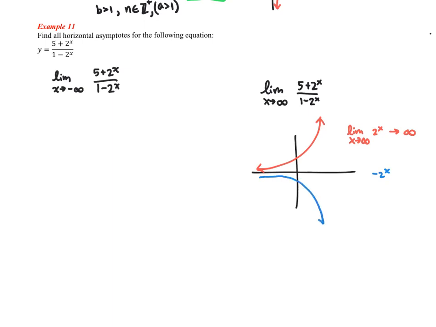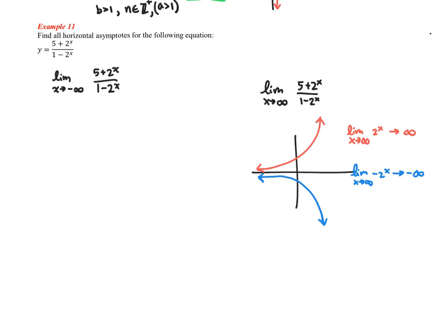The graph of negative 2 to the x looks like such. So the limit as x approaches infinity of negative 2 to the x also goes to a very large number with negative magnitude. So the ratio of 2 to the x over negative 2 to the x would be negative 1. They grow at the same rate of change, just in opposite directions.